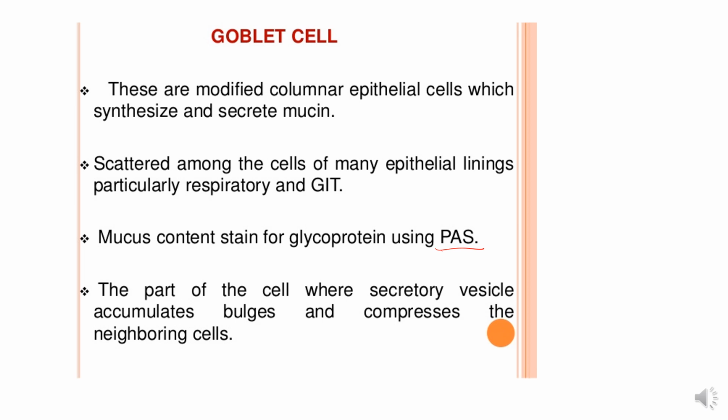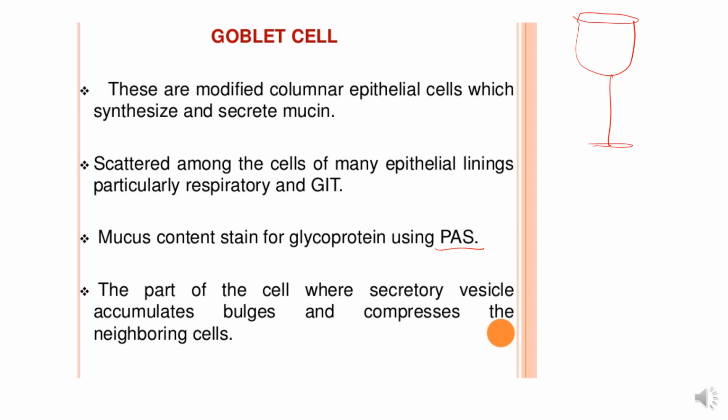And the structure of the goblet cell, why it is called a goblet cell, is because it appears like a goblet glass. Now here you can see I'm drawing the goblet glass. So this is a goblet glass.